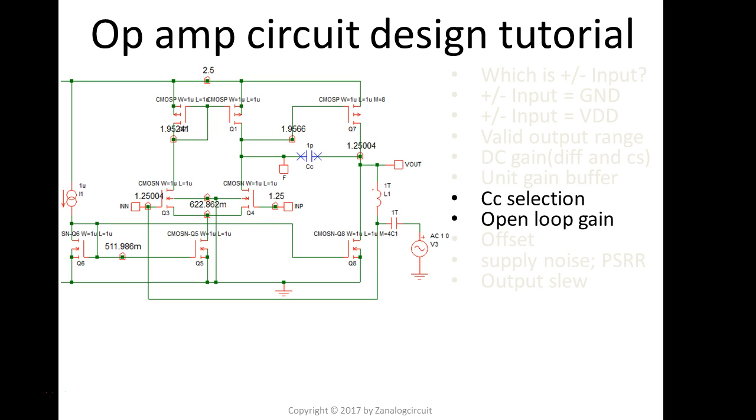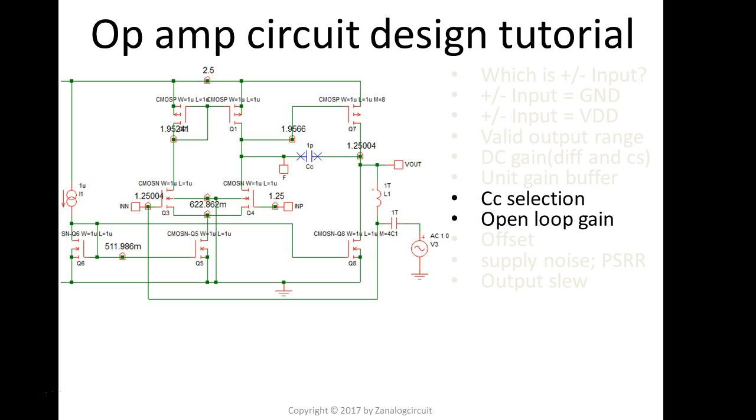Now, when the amplifier is put in the feedback loop, one very important thing we need to check is the loop gain, the loop response. If you look at the Razavi book or some other analog design books, there are many ways to break the loop.